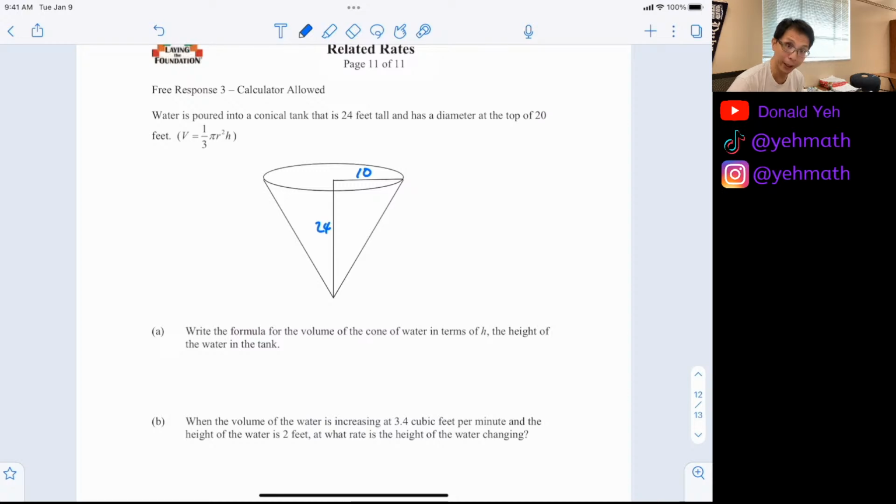So this can create a relationship, which is R over H, equal to 10 over 24, which is equal to 5 over 12. If that's the case, you write down the formula for the volume of the cone in terms of H.